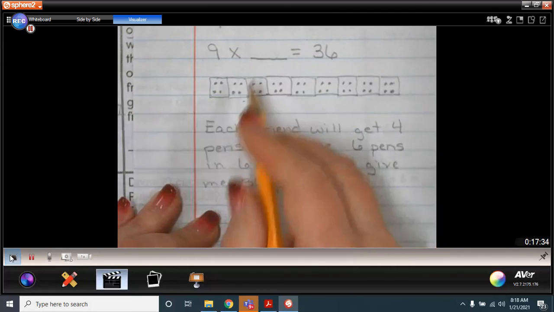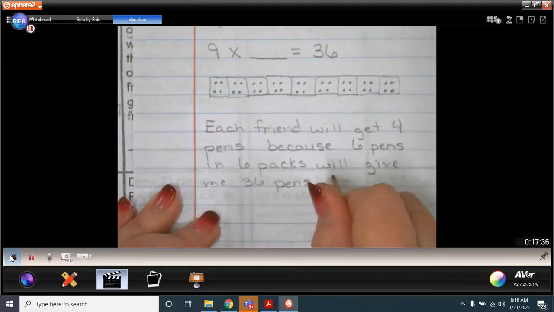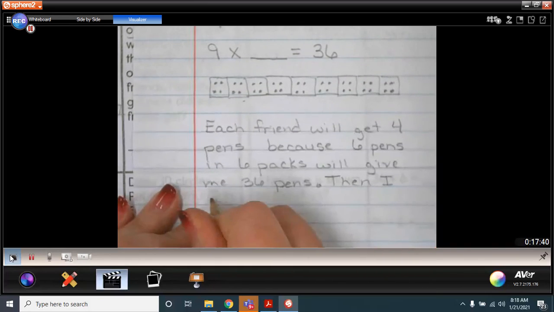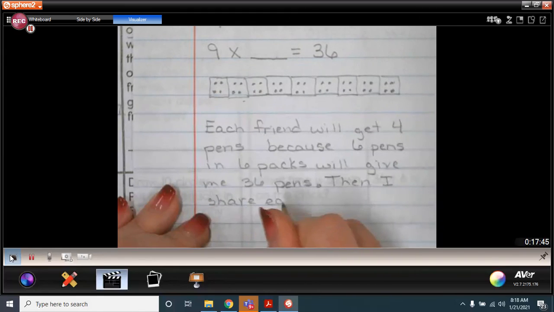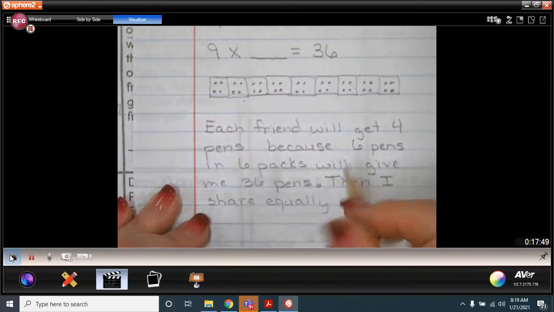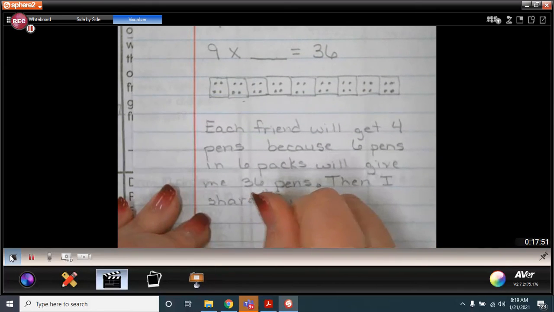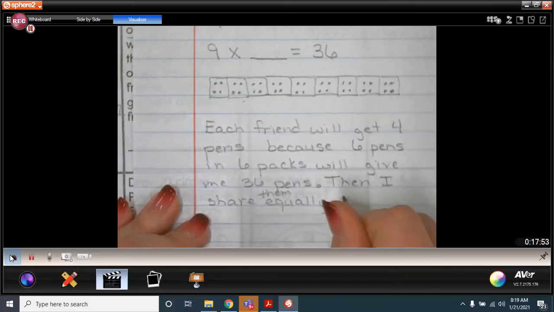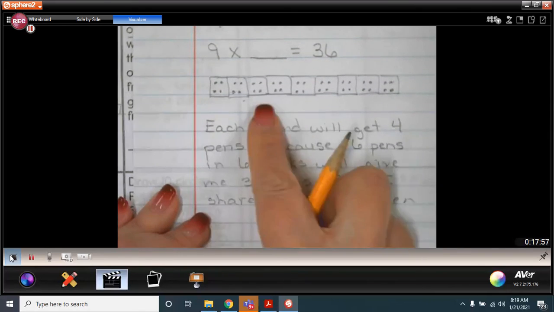Next step, what do we have to do? We had to divide them. Then I share, and share equally, right? Means you're going to divide. I share them equally between, which is what I did here, right?